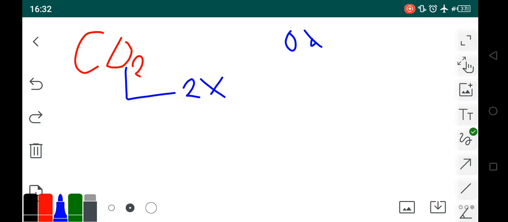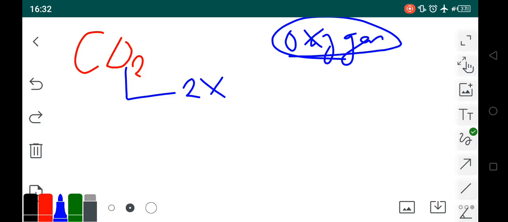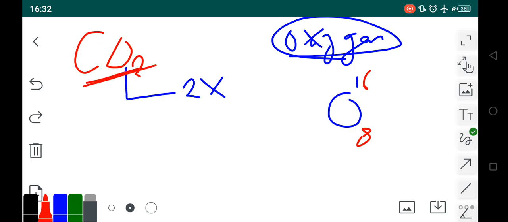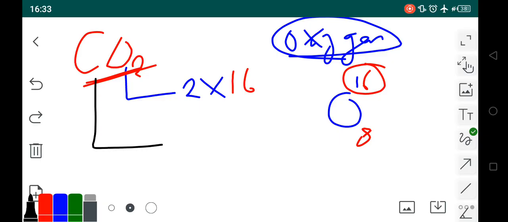Oxygen is a single element that I can find on the periodic table, with 16 on top and 8 at the bottom. So in this carbon dioxide there are 2 atoms of oxygen, and I deal with the mass, meaning the number on top of that element on the periodic table. So this is going to be 16. And then for carbon, we know that carbon has something like this.